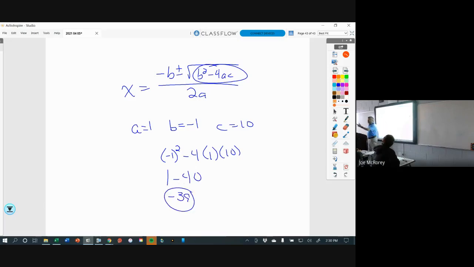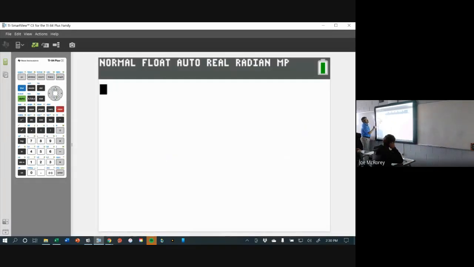-39. What's the square root of -39? What does your calculator say? Type it in. Square root of -39. It says 6.24? No, it does not. Type the square root of -39. Oh yeah, no real numbers.